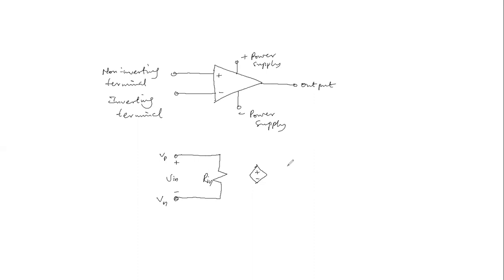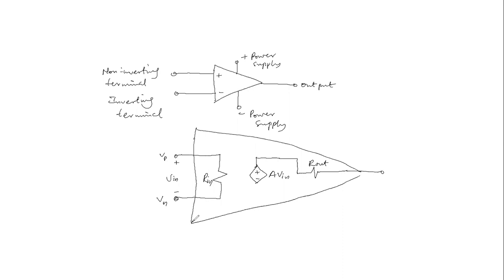And then we have the amplified version, connected to the output resistance in series, and then this goes straight to the output. I have all of these in this huge triangle. This is the output voltage, while this terminal is connected to ground.